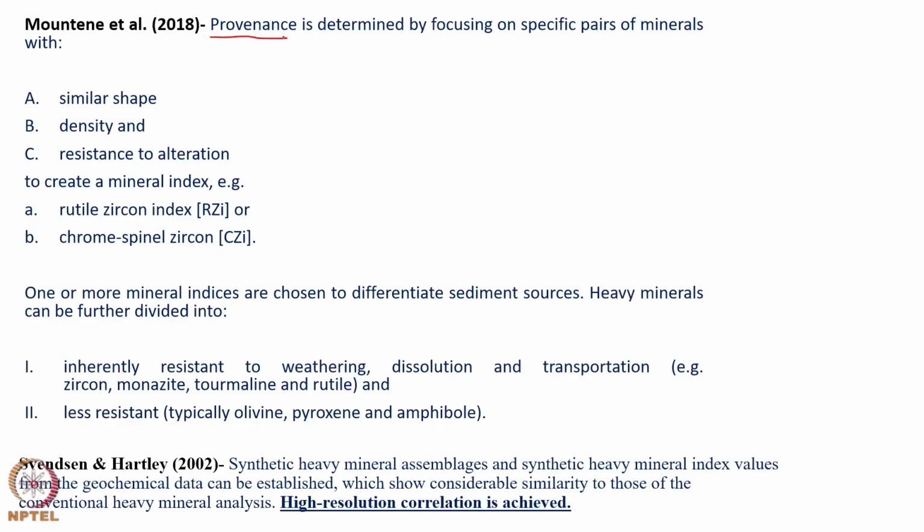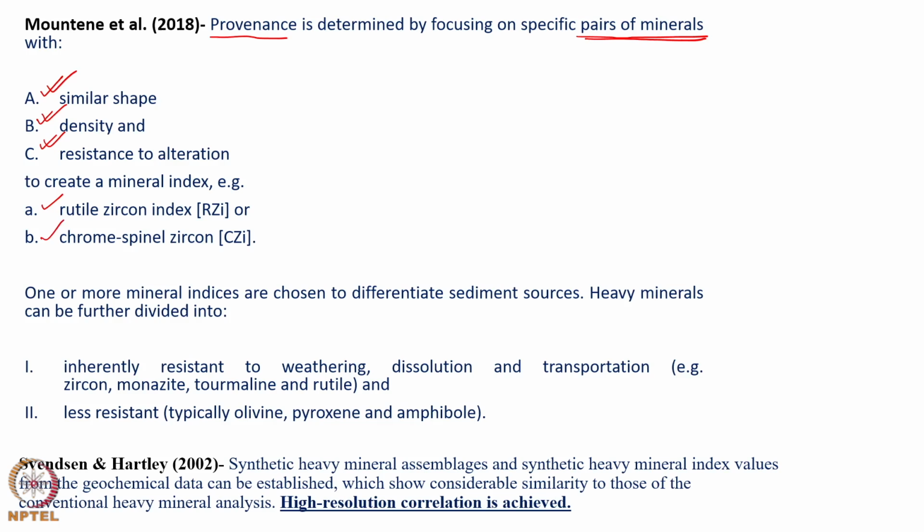Talking more about provenance, it can be determined by focusing on specific pairs of minerals, not just random pairs of minerals: minerals with similar shape, similar density, or resistance to erosion, and then we finally create the indices.